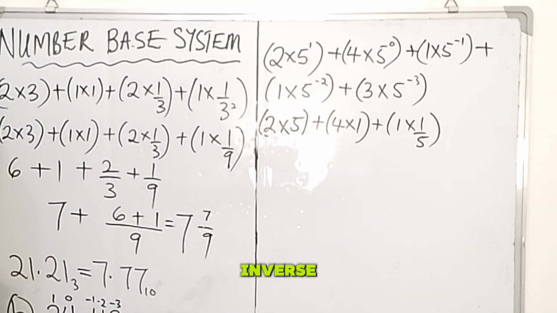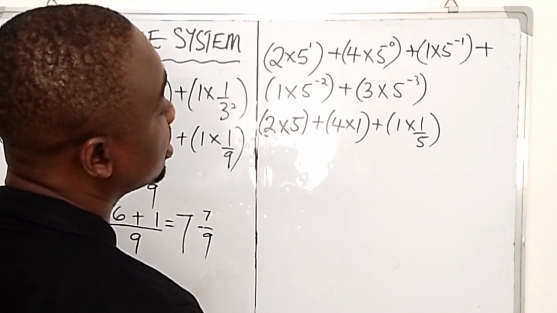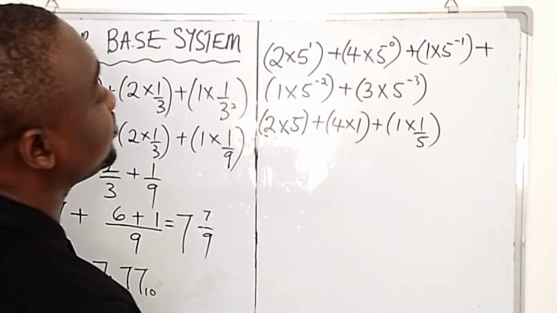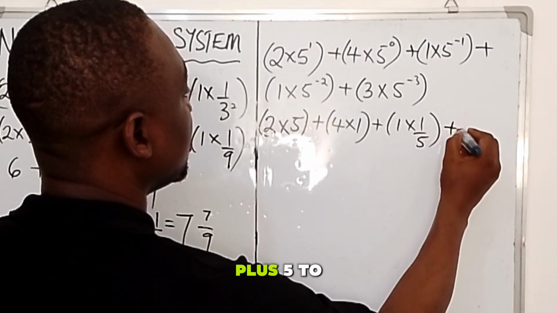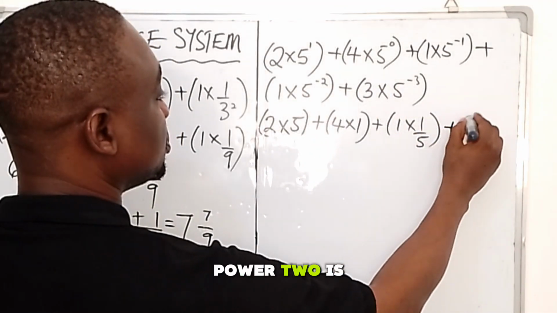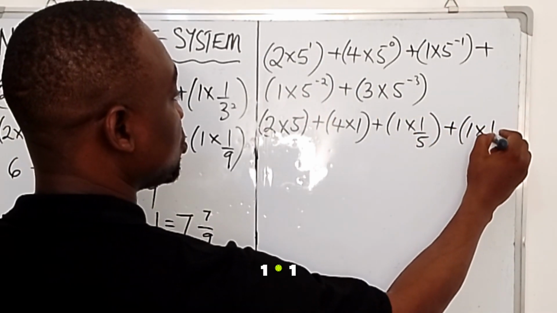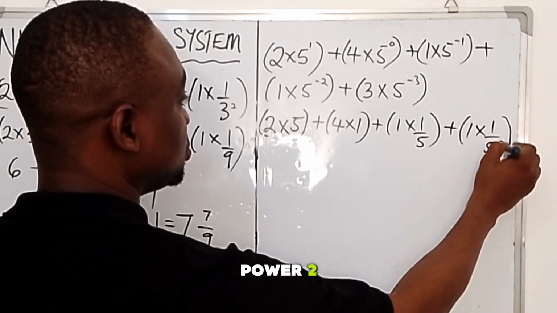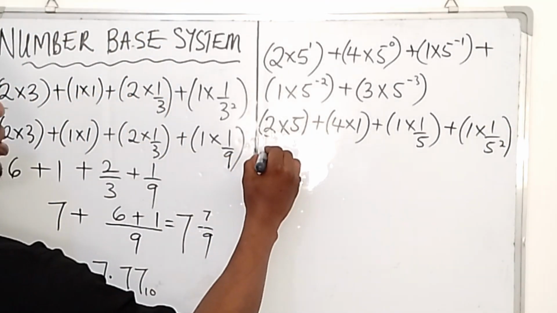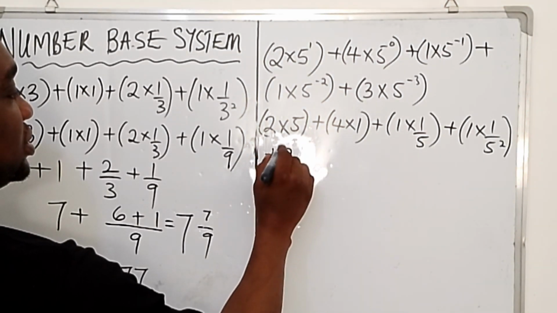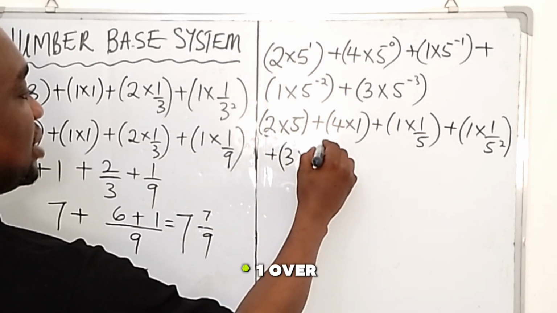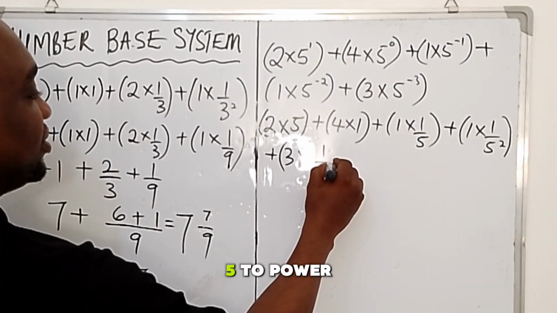That's the negative index law. Plus 5 to power 2 is 1 times 1 over 5 to power 2, plus 3 times 1 over 5 to power 3.